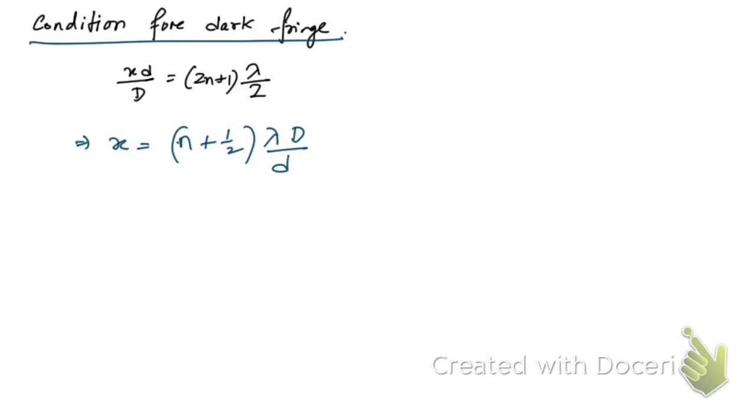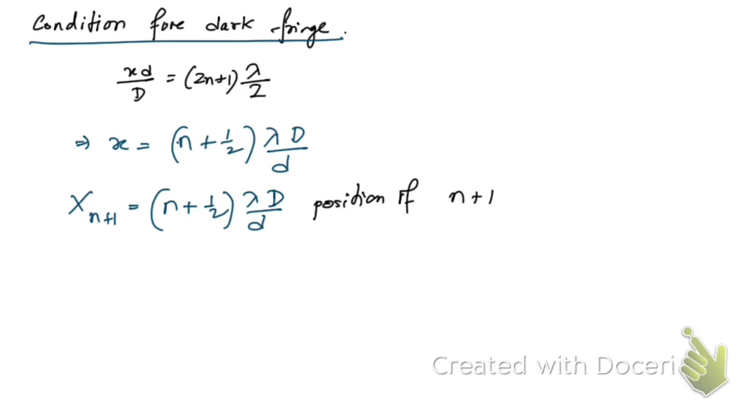You can write it this way: n plus 1 dark fringe, (n plus half) lambda capital D by small d. Position of the n plus 1 dark fringe. So why n plus 1 dark fringe?